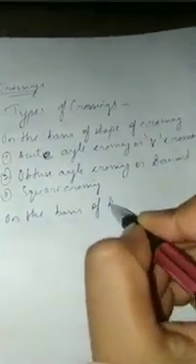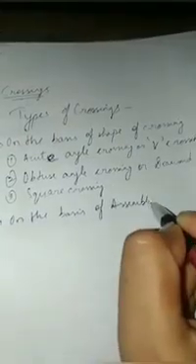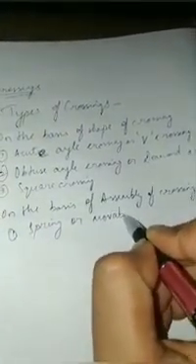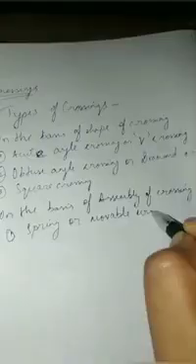Next, on the basis of assembly of crossing, the way it is assembled, first is spring or movable wing crossing.